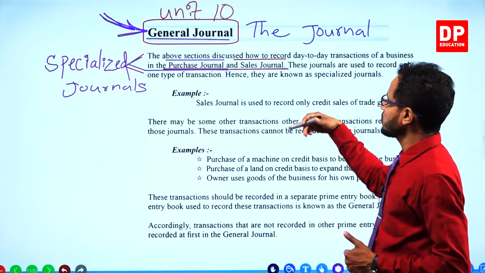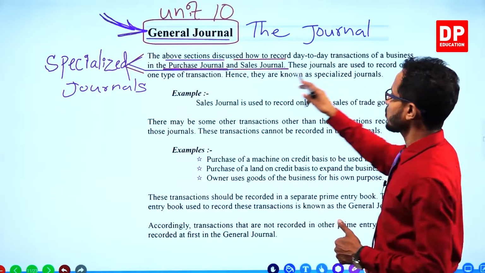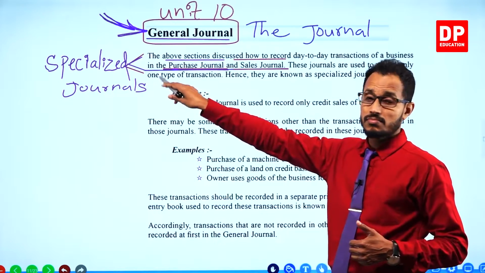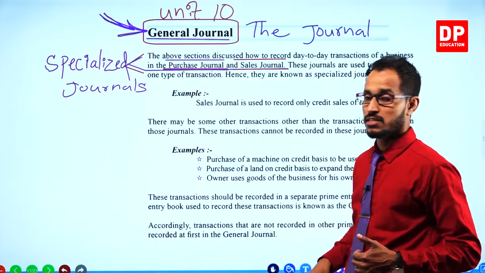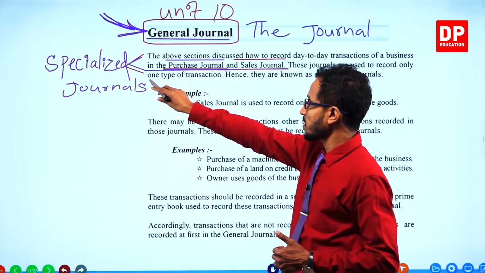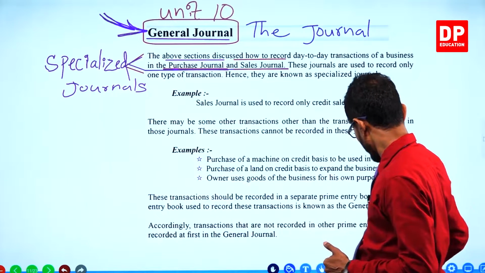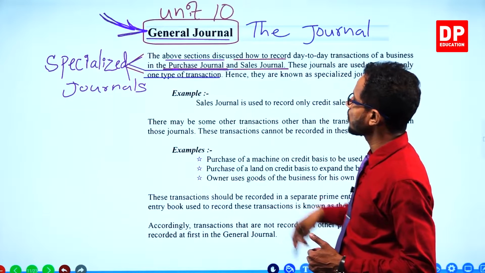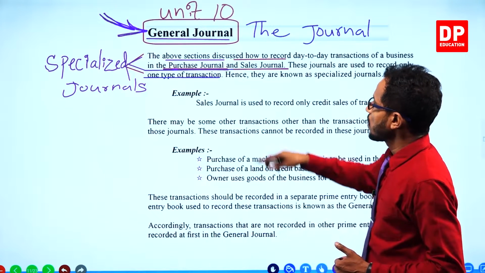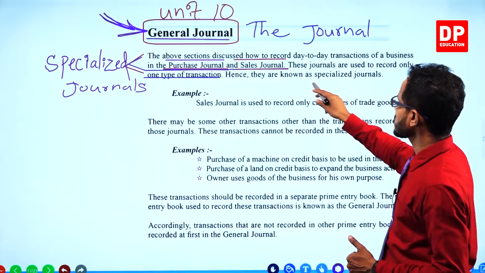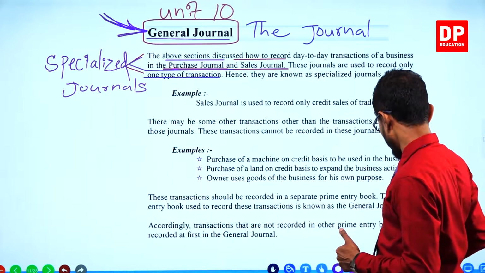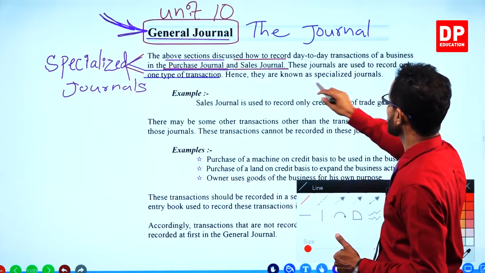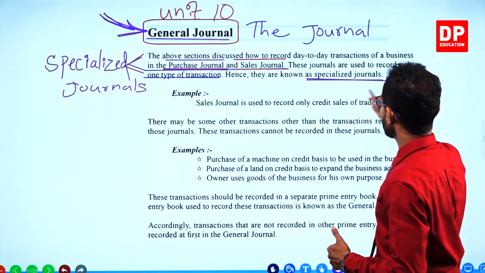So these journals are used to record only one type of transaction. Here we are still talking about specialized journals. Only one type of transaction. Hence, they are known as specialized journals.